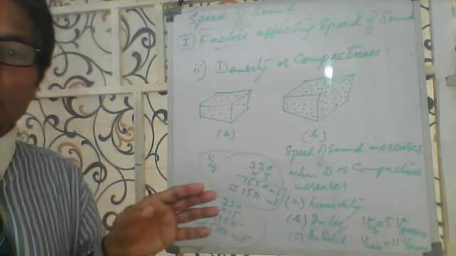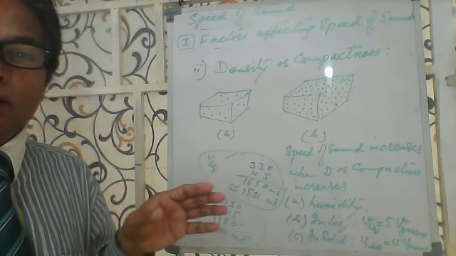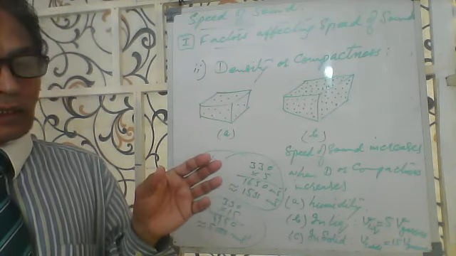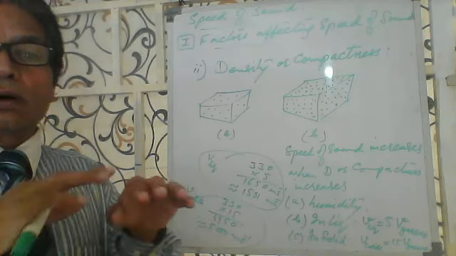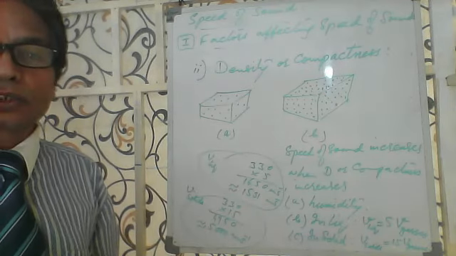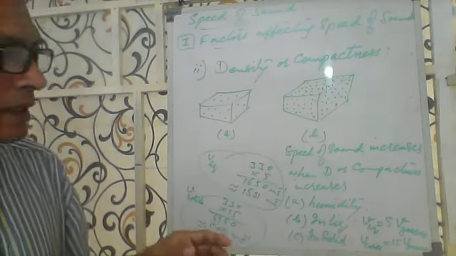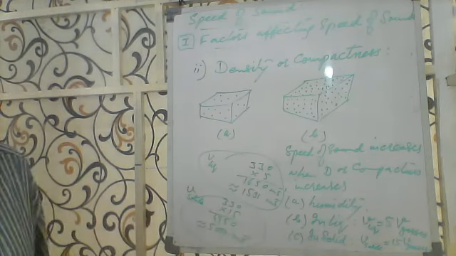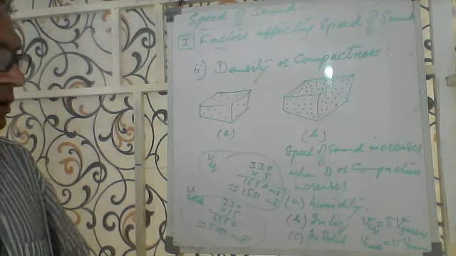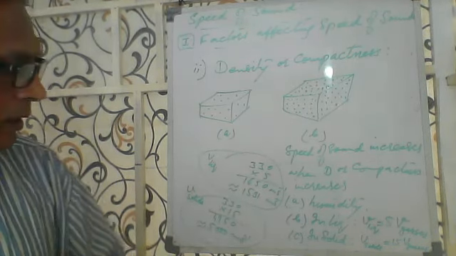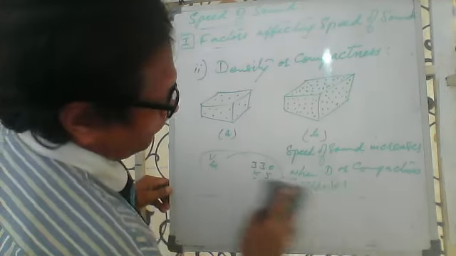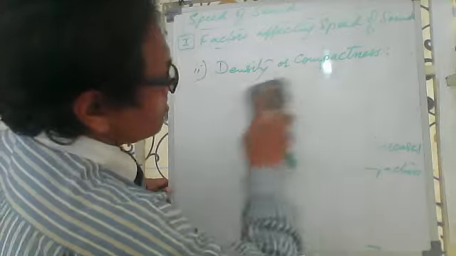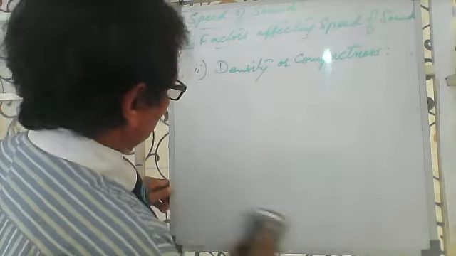Basically, these are vector quantities. But as we know, sound and light spreads all around the source, and that's why it's better to use the word speed instead of using the word velocity. Okay, here we come towards another thing.